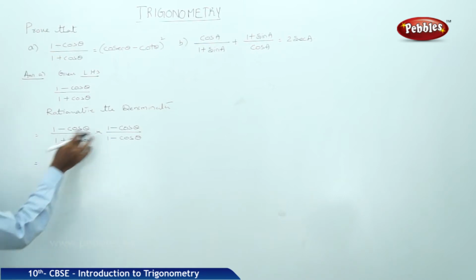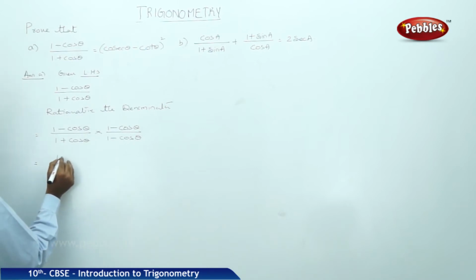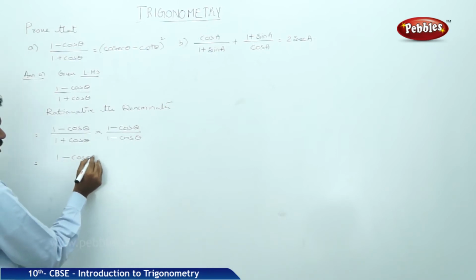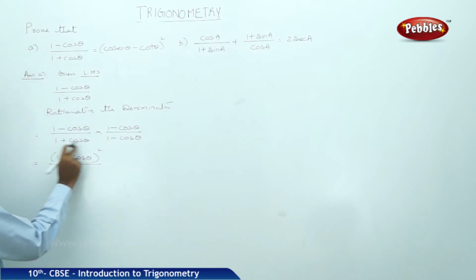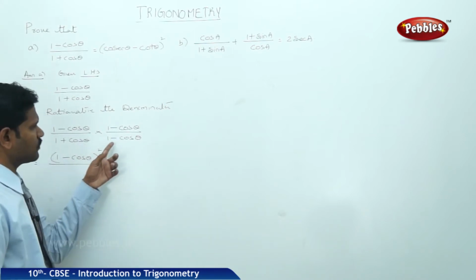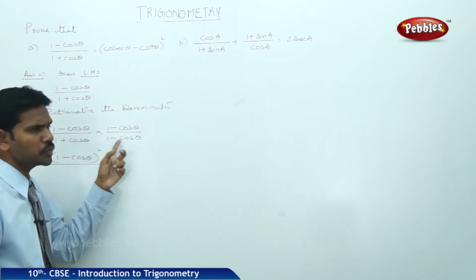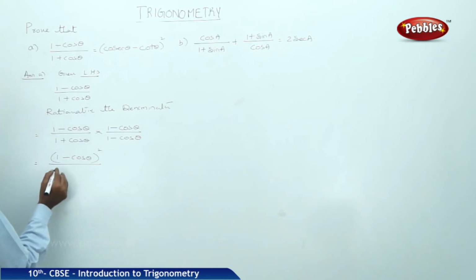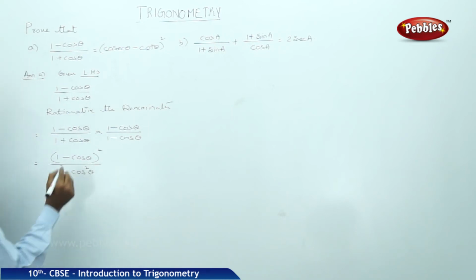If you observe this one, numerators both are the same, x into x, x square, like 1 minus cos theta whole square by 1 plus cos theta 1 minus cos theta, that is a plus b into a minus b, that is a square minus b square.